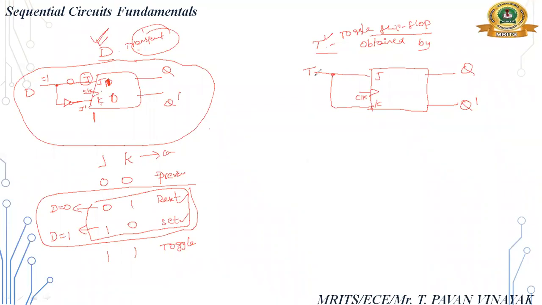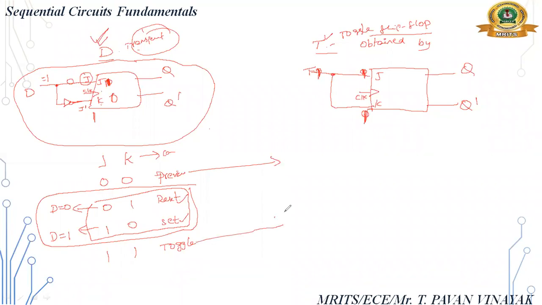So what is the condition? When T is equal to 0, J is 0 and K is 0, so this is the previous state condition. When T is equal to 1, J is 1 and K is also 1, so this is the toggle condition.